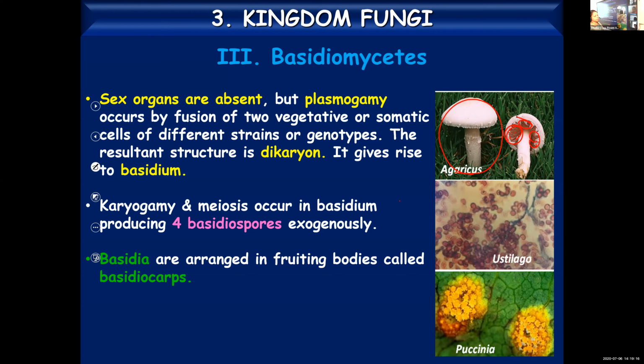Inside the basidium, basidiospores will be produced by reduction division. Another name for reduction division is meiosis. We have mitosis and meiosis. In meiosis, the chromosome number becomes half, reduction division. Once again, basidium is arranged on basidiocarp.